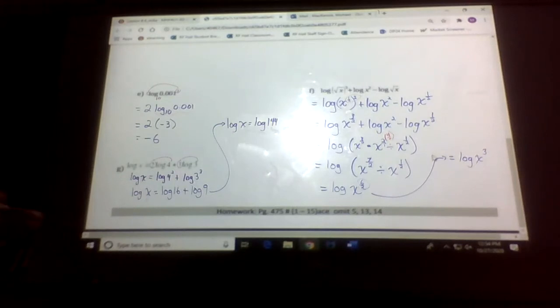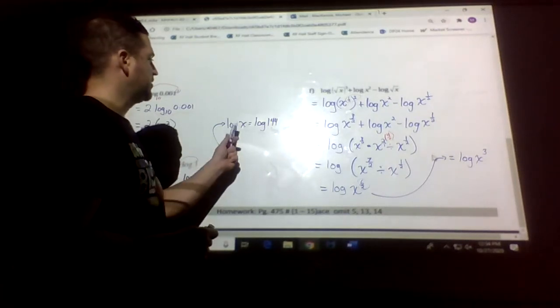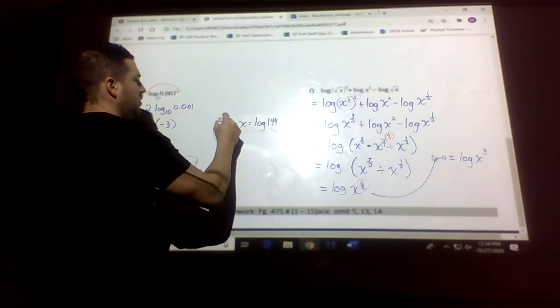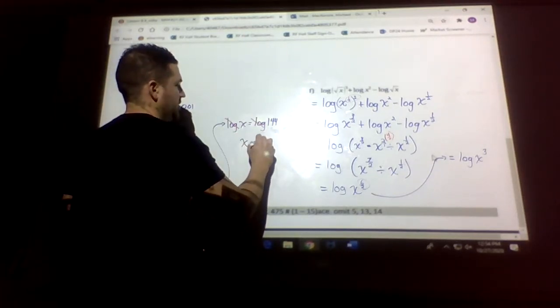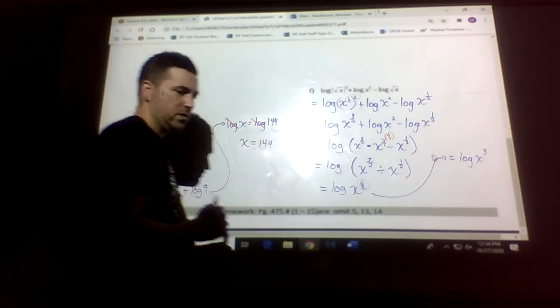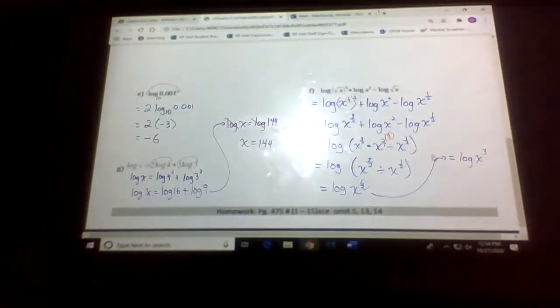Okay, so there's a rule here. So your answer is just going to be x equals 144. So you can cross off these logs, and your answer is x equals 144. Okay, I'm going to show you where that rule is in a second.